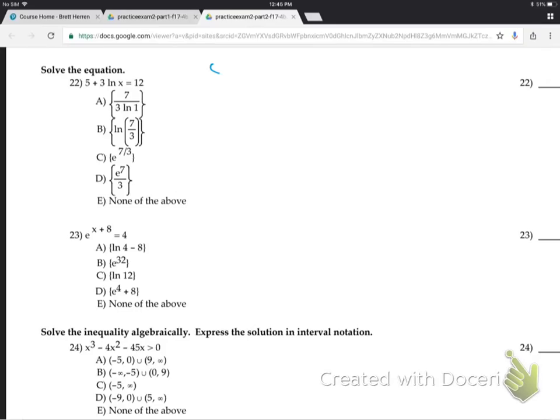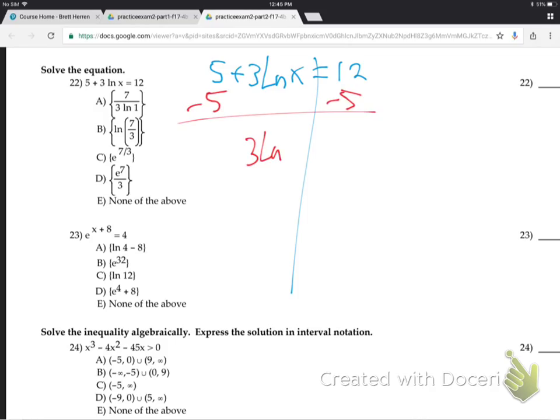All right, so 22, 5 plus 3 ln x is 12. x is saying I want to be alone, so what's my first step? Subtract 5, right? 7. Next step, divide by 3. ln x is 7/3. We good so far? Just trying to get x alone.